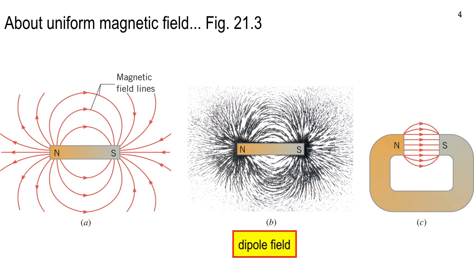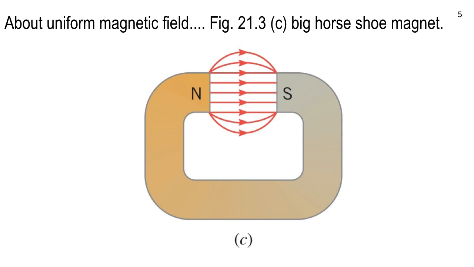It's a dipole field, a bar magnet with iron filings. You do it when you're a little kid in 6th grade, and I still like to do it, experimenting with the iron filings and bar magnets. Now this one over here is the horseshoe magnet. This is figure 21.3, and I want to talk about it a little bit. Here's a close-up of it.